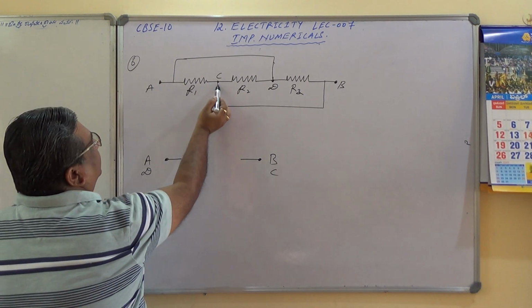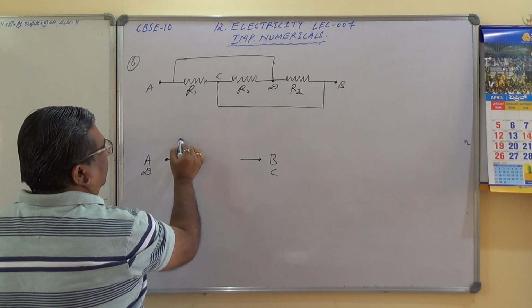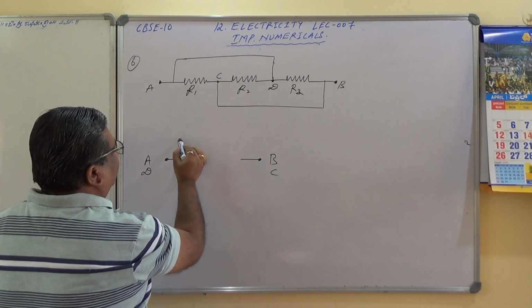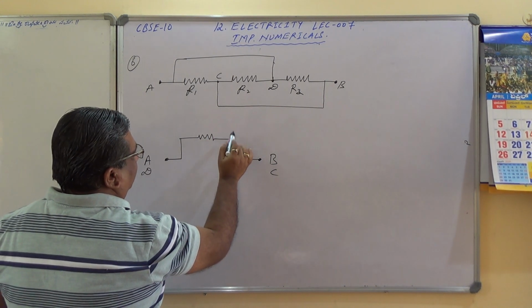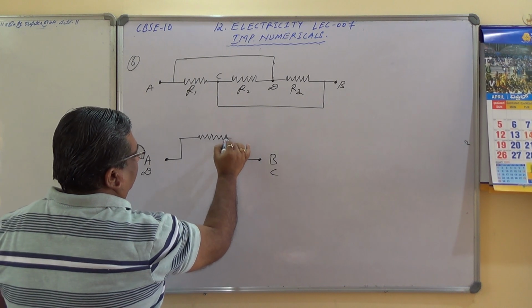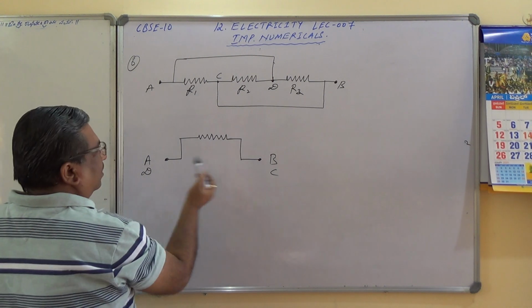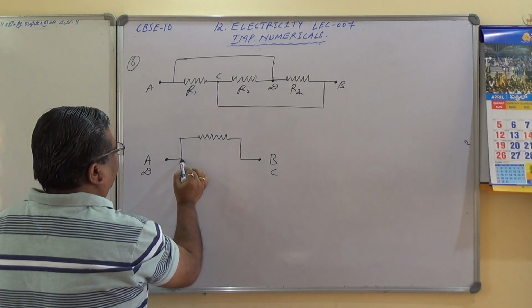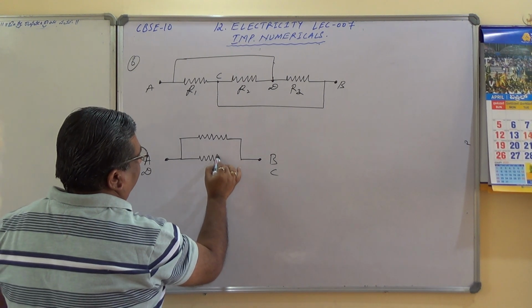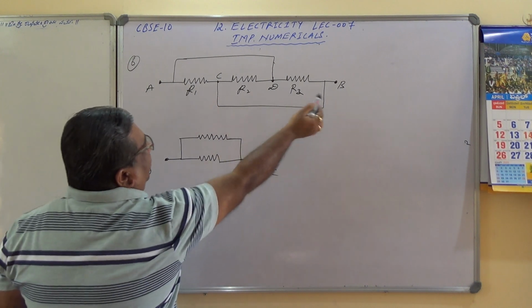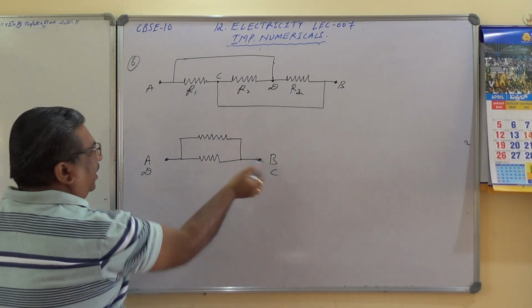Now between A and C, R1 is there. Between C and D, R2 is there. Between D and B, R3 is there.